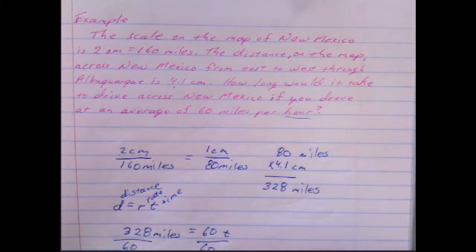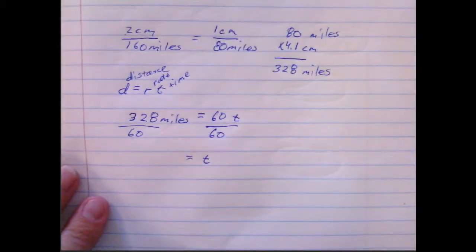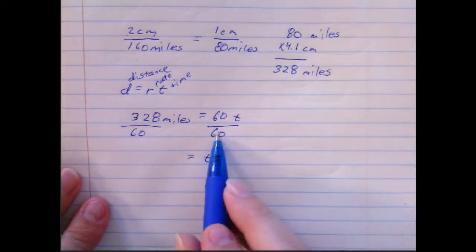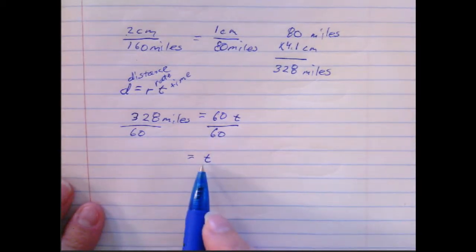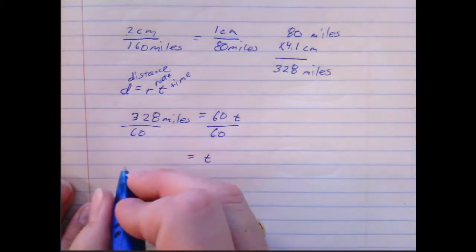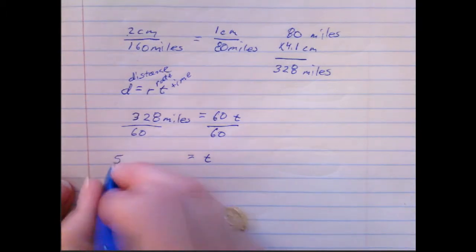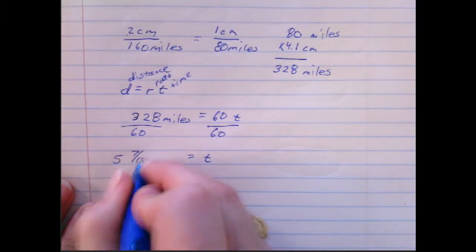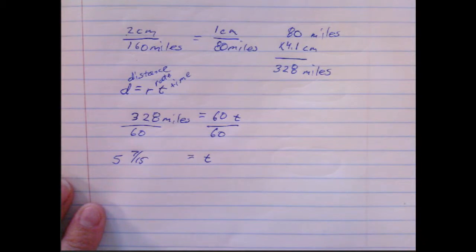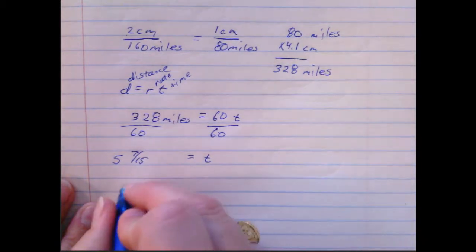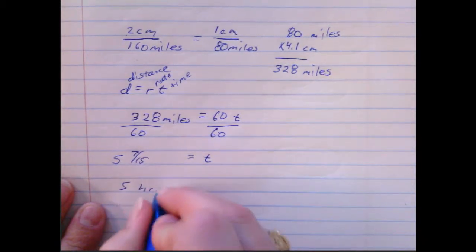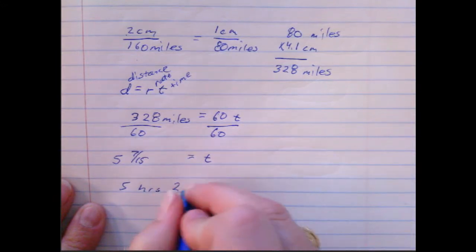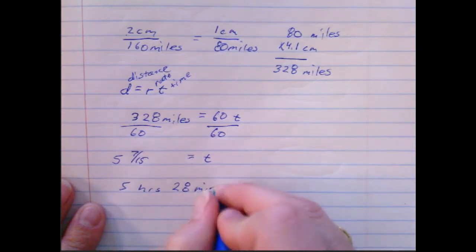So we end up with t equals 5 and 7/15. That's equivalent to 5 hours and 28 minutes.